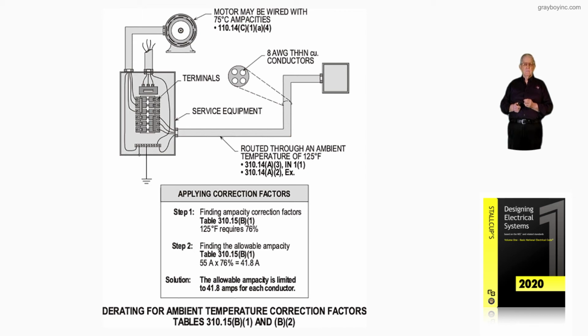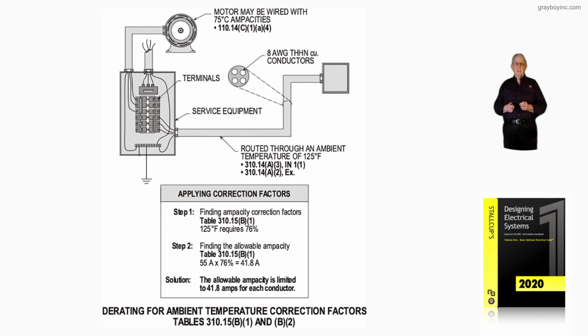Step 3, we're applying correction factors, 310.15B1, based upon the 100 degrees Fahrenheit in the 90-degree column of that table, we pick up 91%. And step 4 is the application of the adjustment and correction factors of 70% and 91% times the 30 amps in step 1. We come up with 19 amps.